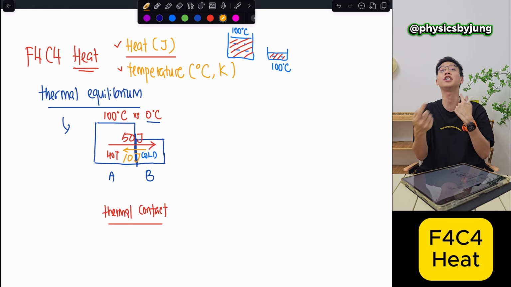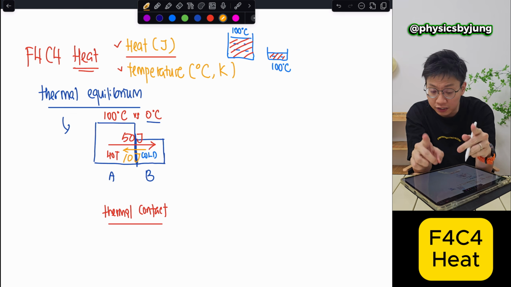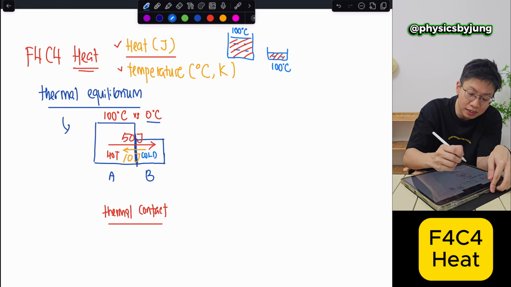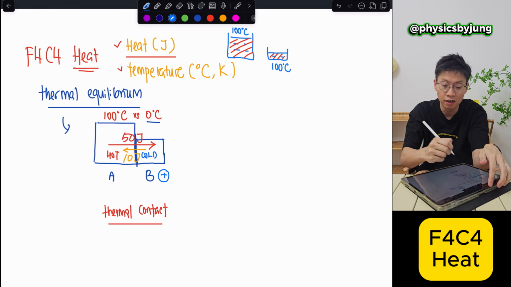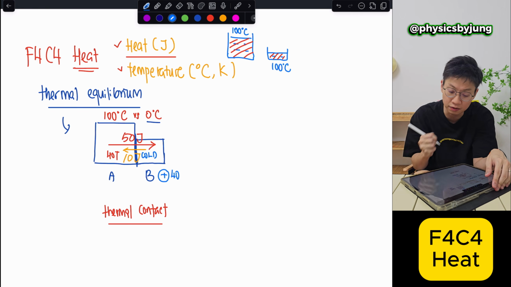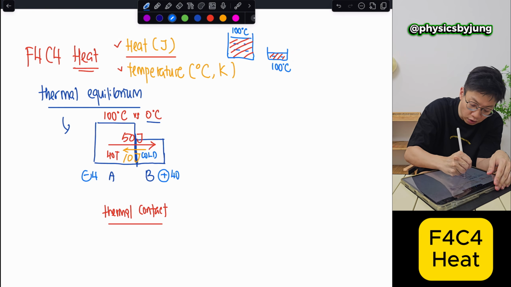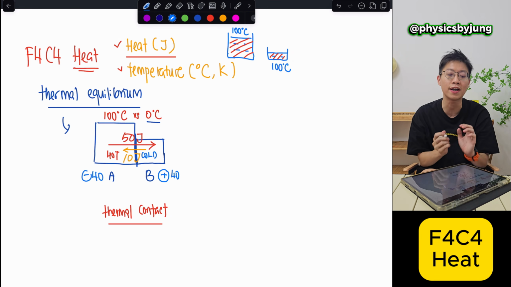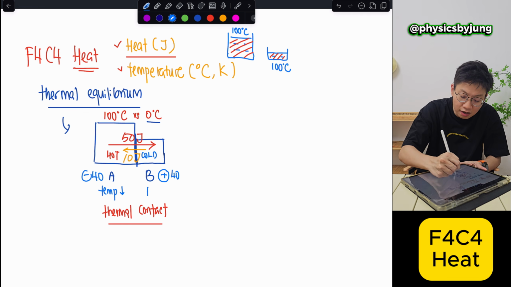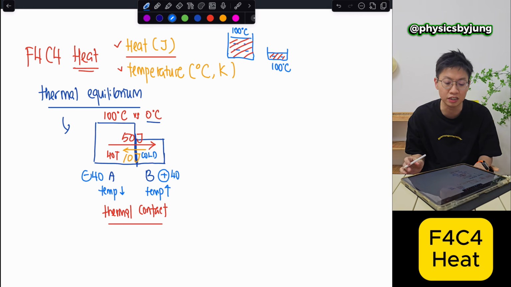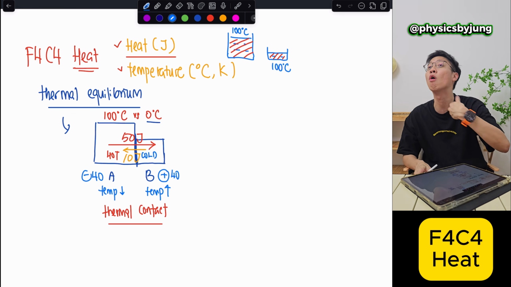What will happen to B is that it will be positive, because it takes 50 and only gives 10, so it will be a positive 40 joules. A will give away negative 40 joules. That's why the temperature of A will decrease and the temperature of B will increase, because B gets more every time.